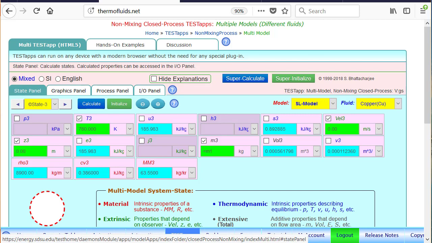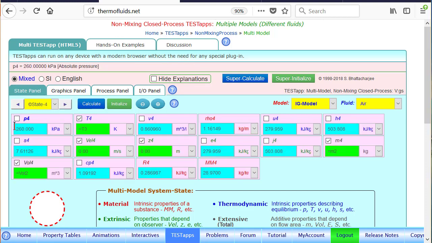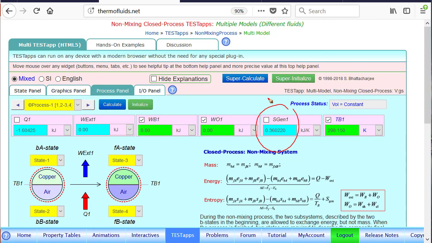So we found the final temperature here by guess and check, essentially. And notice that the final pressure would be in state 4. So we have found the final pressure and final temperature, and in the process panel, of course, the entropy generation because of thermal friction, the internal heat transfer between copper and air.